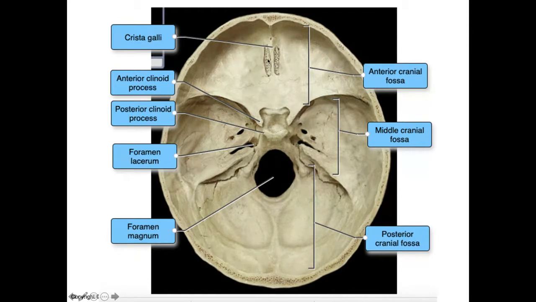Right here is where the holes are, called the cribriform plate, but this extension that's protruding upward is called the crista galli. The crista galli is this extension that comes up from the nose. Remember you had the nasal septum?